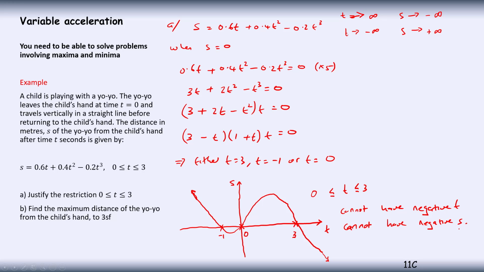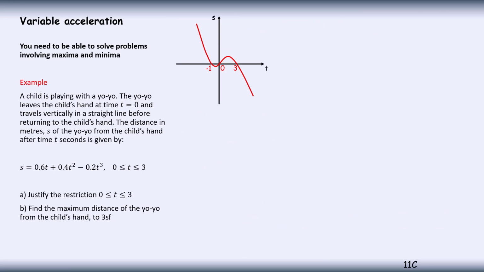Okay, hit pause, make some notes, and then we'll look at part B. So for part B, we've got to find the maximum distance of the yo-yo from the child's hand to 3 significant figures. It's important to note that 3 significant figures because that could be equivalent to 1 mark.